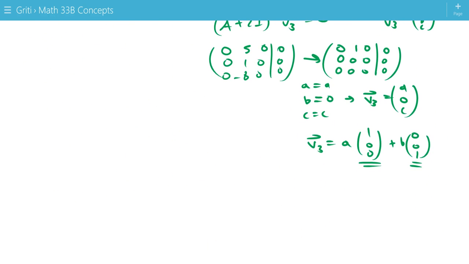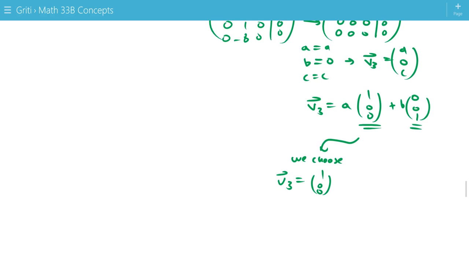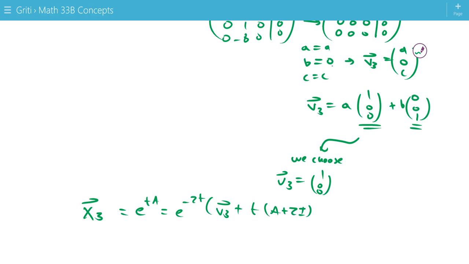So choosing 1, 0, 0, we choose V3 equals 1, 0, 0, and that gives us a solution x3, which is, as we said before, e to the tA, which equals e to the negative 2t times V3 plus t(A plus 2I) times V3.